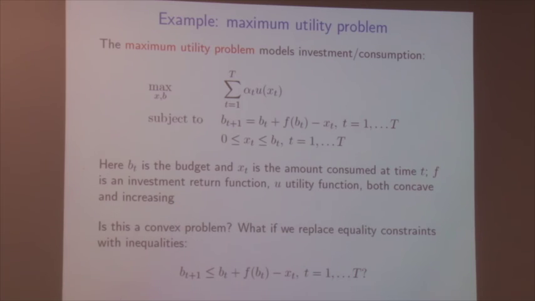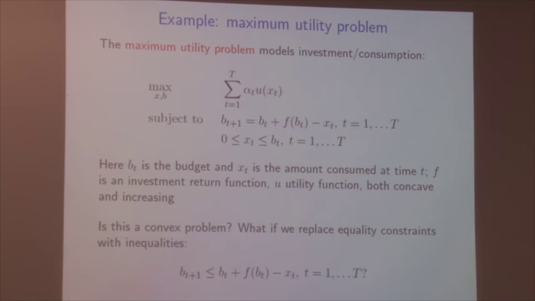And then my initial budget and my returns on my investment form how much I can spend on that turn t. So I spend some of it, x_t, because it gets me some utility. That's the u function. So if we assume that u is convex, and f is also a convex function, do I have a convex problem in this initial formulation?